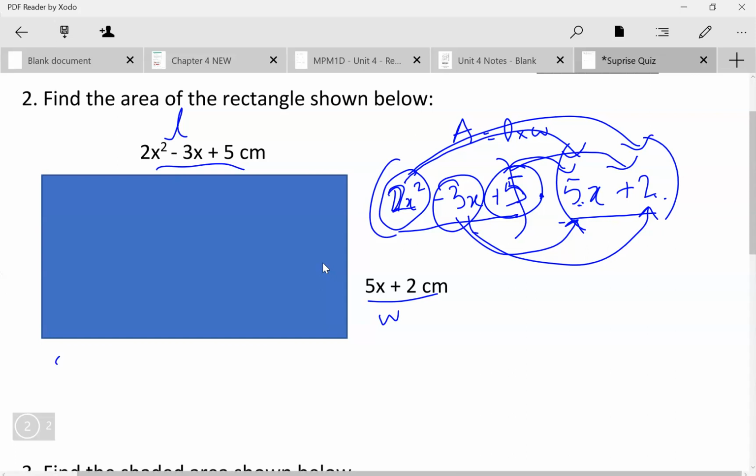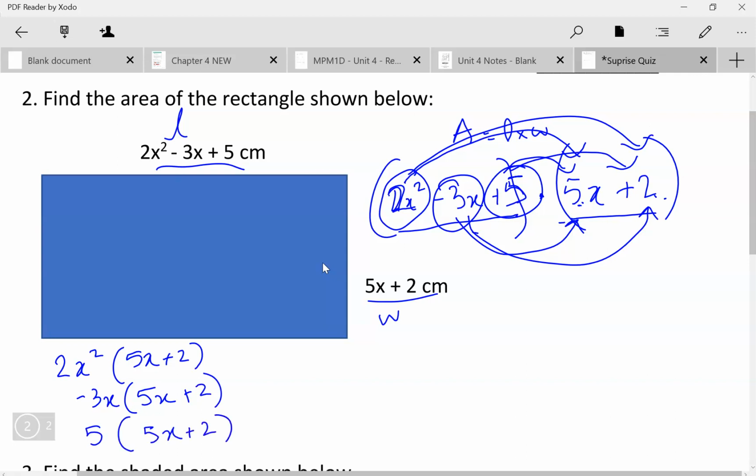So first we have 2x squared times 5x plus 2. That's our first bit. Again, here I'm going to use what we are calling Arya's method, where I split this up into different parts so that it's easier to write. Again, you can do this many different ways as long as you get the same answer, and you should get similar sub answers as well.